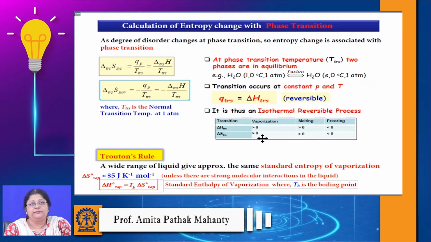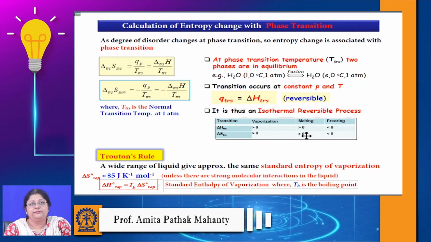Then you have melting, again solid being converted into liquid. The disorder is increasing, so entropy should increase. Now, what about the freezing? Freezing is from liquid to solid. So you have a decrease in disorder, so you have a negative entropy. So negative entropy change is associated with the freezing process.